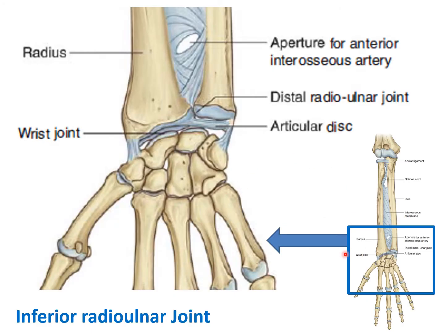So here you can see, if you enlarge this part, this is the distal radioulnar joint in which the head of the ulna is articulating with the ulnar notch of the radius over here.